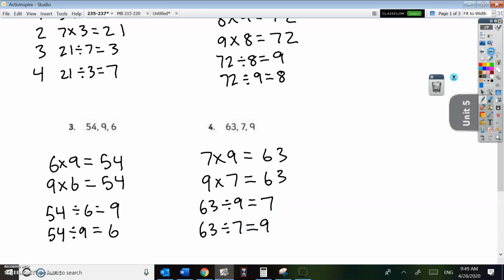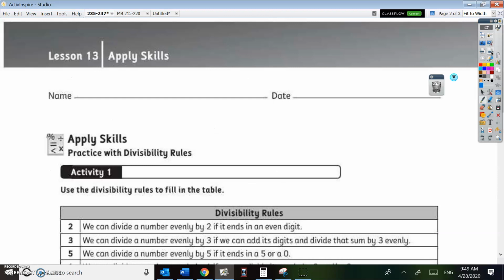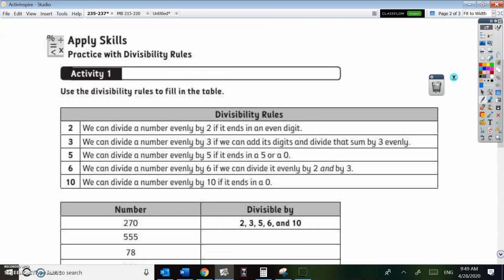Next page is about divisibility rules. So use the divisibility rules in the table. So if it's even, it can be divisible by 2. So 270 is even.